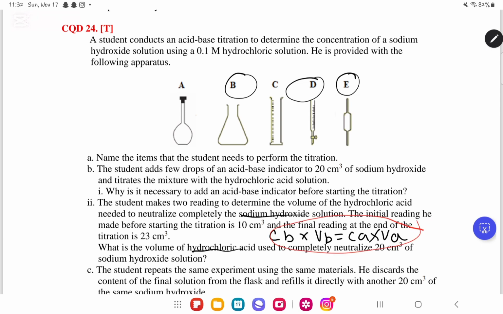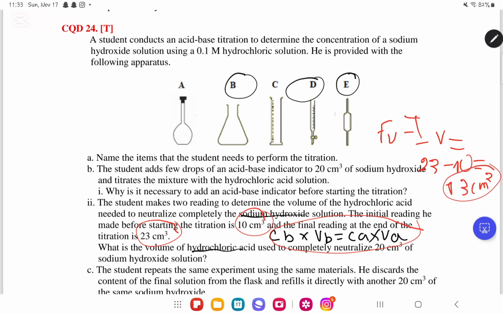But if you read the question 2 times and don't directly assume like I did right now, what you're supposed to do is take the 23 centimeter cubed, which was the final volume, minus the initial volume, which was 10 centimeter cubed. It is going to give us 23 minus 10, which is then 13 centimeter cubed. This is the volume of acid needed to neutralize the sodium hydroxide solution.